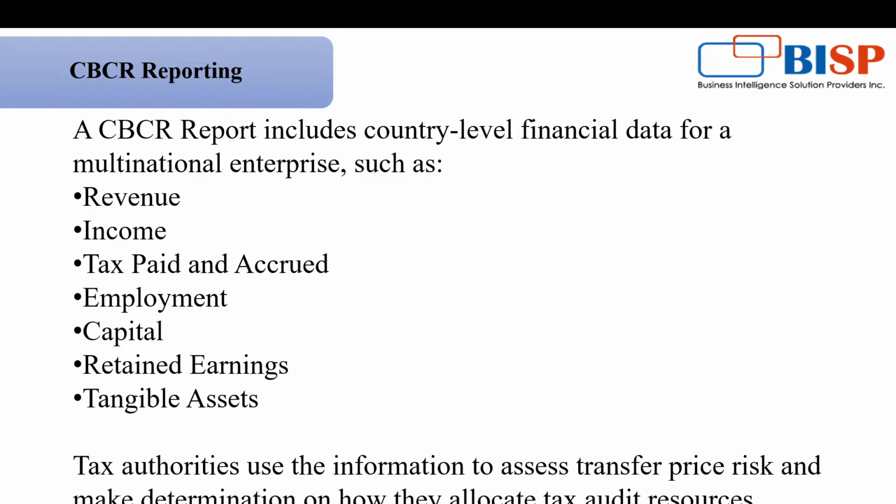Then we have income tax paid and income tax accrued. The paid is on the cash basis and the accrued is for the current year. Then the stated capital, accumulated earnings, number of employees, tangible assets and so on. Right. So this template is structured into table 1, table 2 and table 3, which we are going to discuss in our later slides.